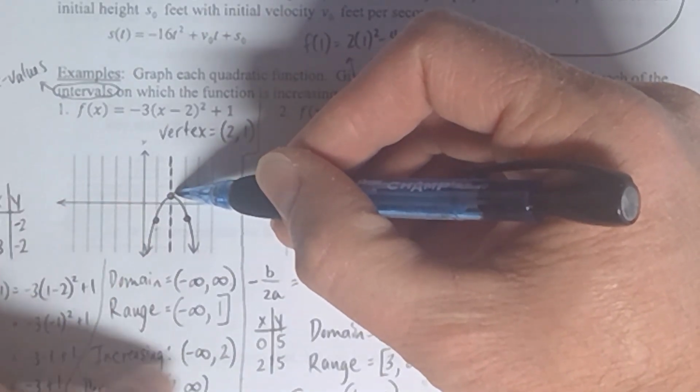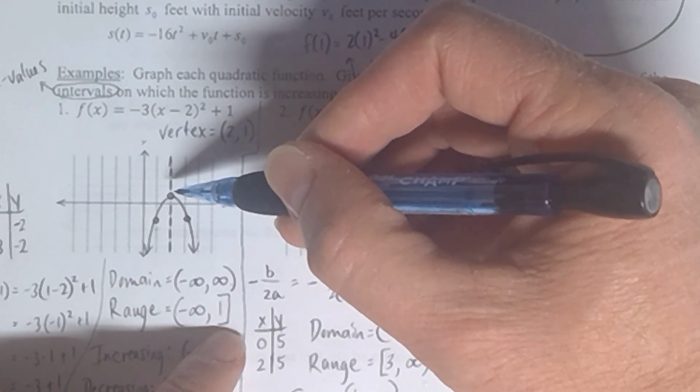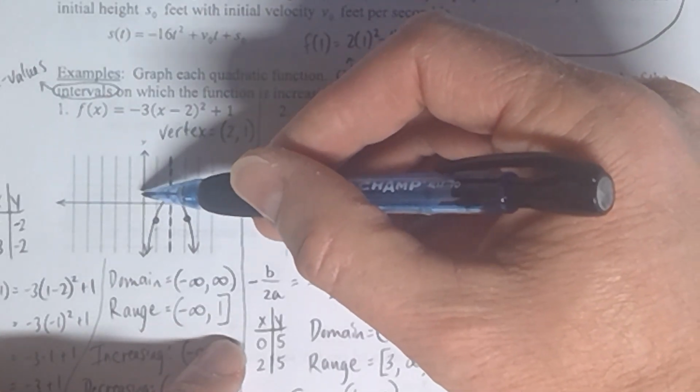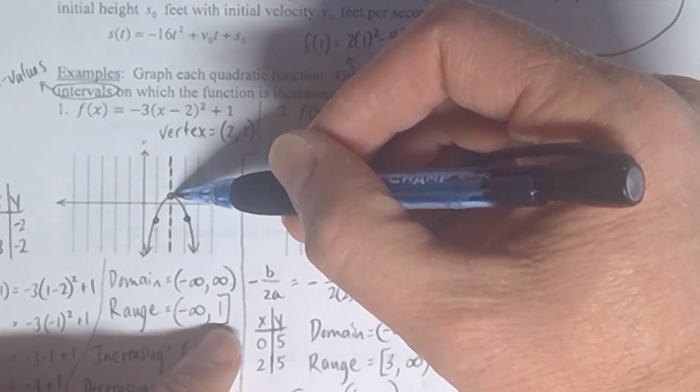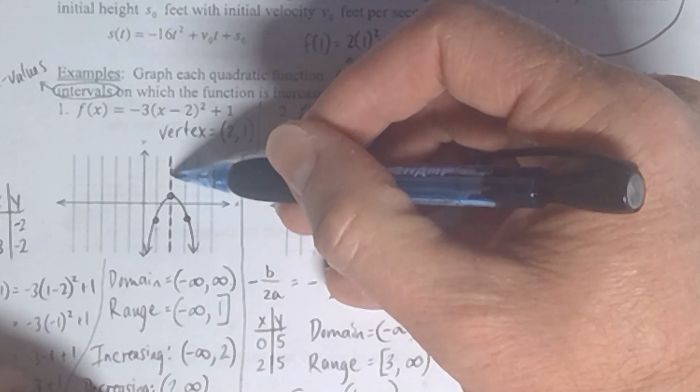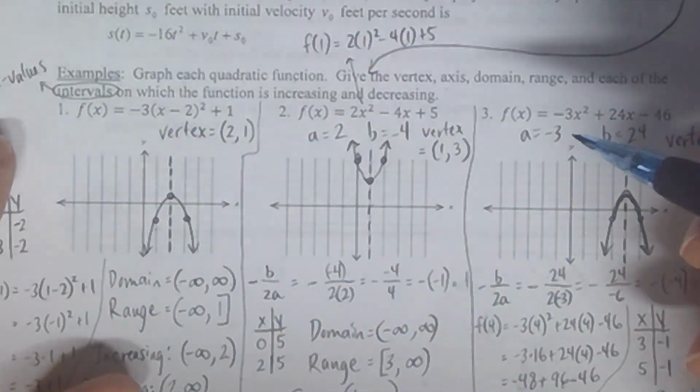This is the biggest the y value gets, and we saw that with the range. The maximum y value there was equal to 1. And that's what we're going to be looking for here, that maximum y value. The y values don't go any higher than that, and that's why it's called the maximum.